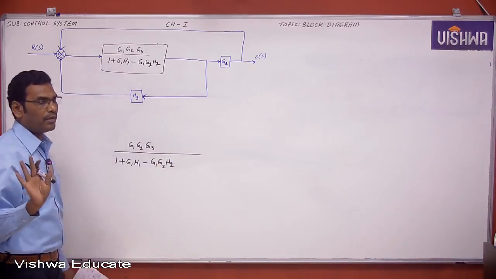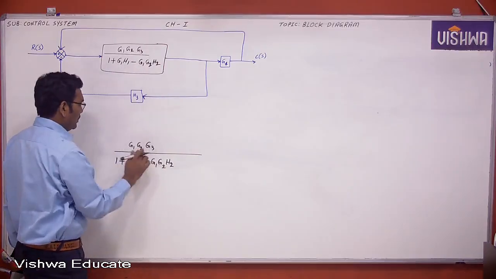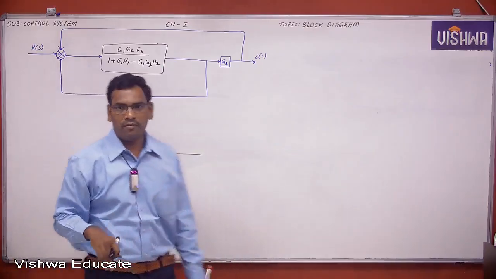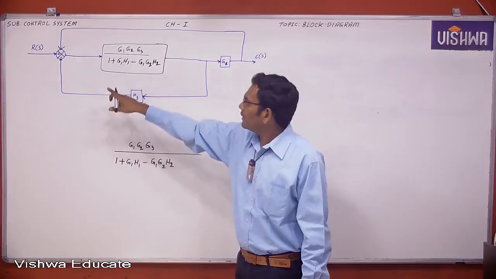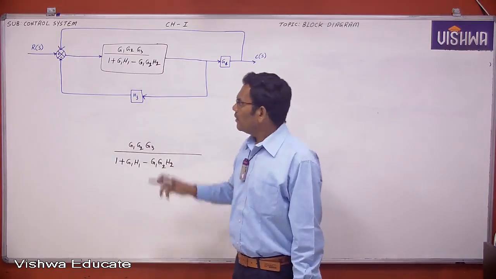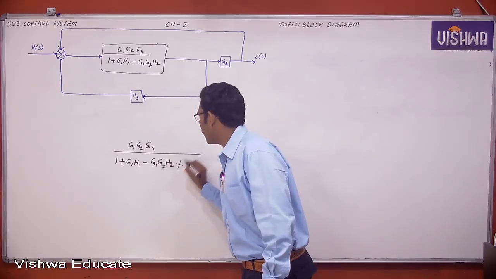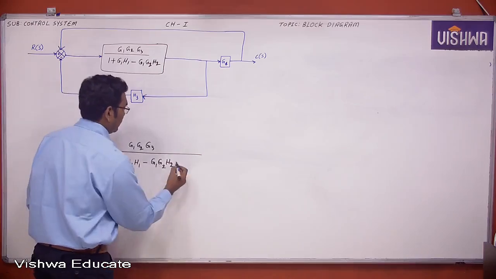Up to this particular point, forward path gain as it is everywhere, G1 G2 G3 by 1 plus as it is. Now you add only one term. What is that one term? Now there is a negative feedback. Positive feedback means here minus, but negative feedback means plus.